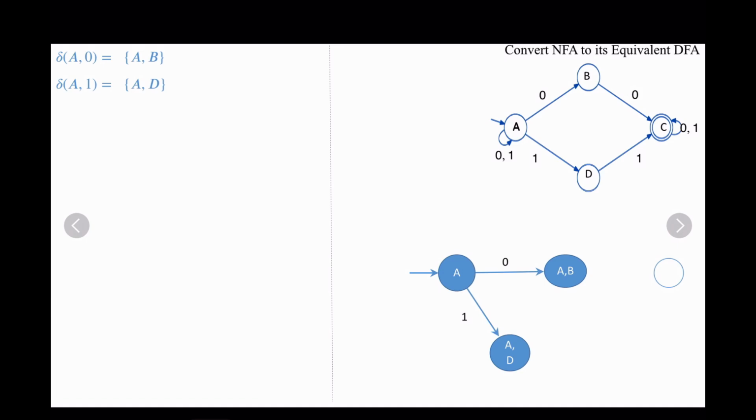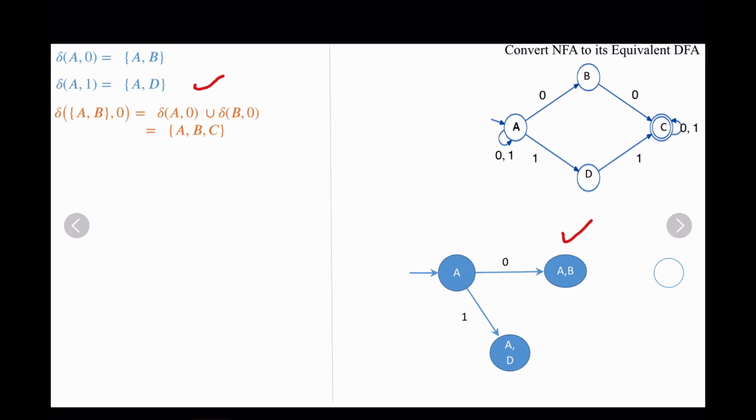Now find the transition for AB. This becomes a single state of the DFA, together called AB. Delta of AB comma 0 can be split as delta of A comma 0 union delta of B comma 0.